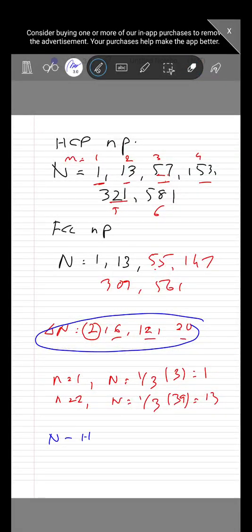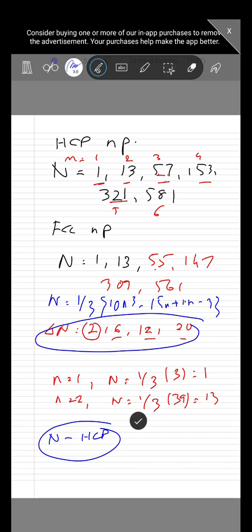For FCC we have N is equal to 1/3 (10n cube minus 15n square plus 11n minus 3). This was for the FCC lattice. I would like you to find out N for the HCP lattice. This is an assignment.